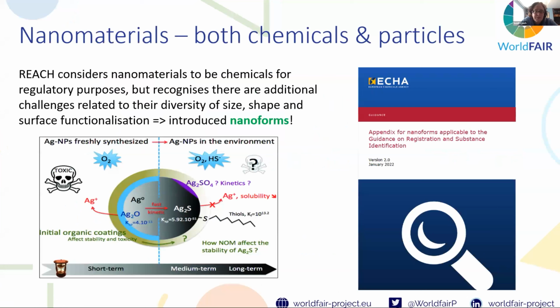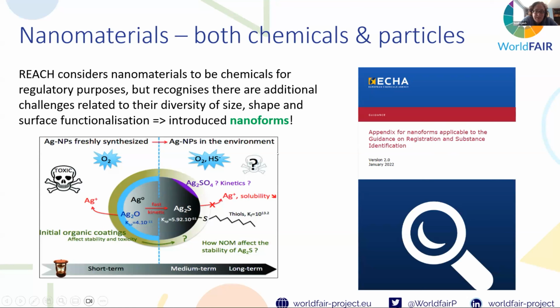I just want to remind you that nanomaterials have features both as chemicals, but also as particles. So in the diagram that Stuart showed of the WorldFAIR petals, here as you see it at the top, nanomaterials are the second one. So we sit between pure chemistry and geochemistry because we have a lot in common also with geological materials.